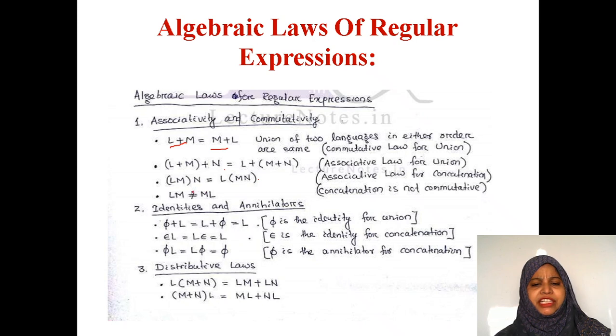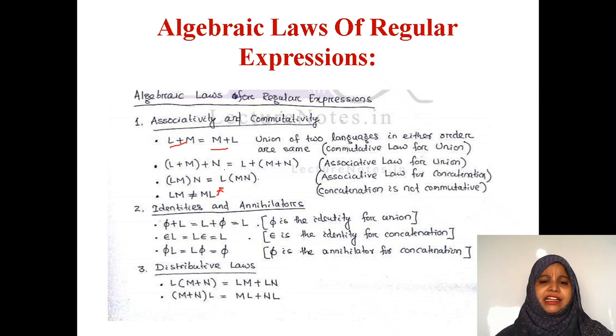LM is not equivalent to ML. If L and M are both regular languages, then LM is not equal to ML. We can perform the union operation on two languages, whereas concatenation is not commutative.